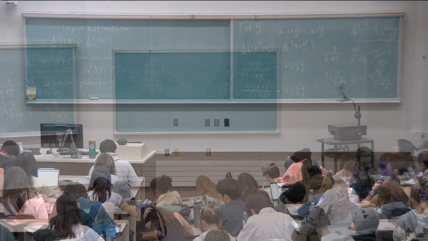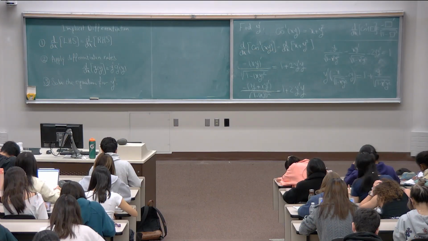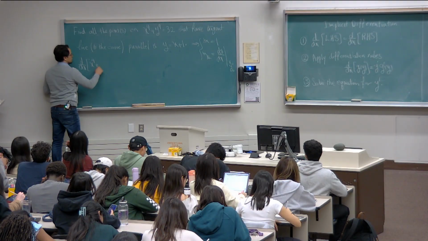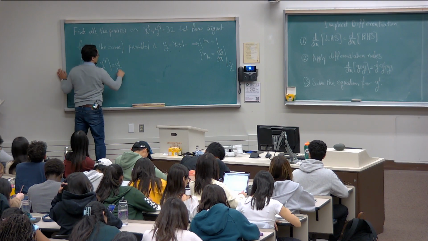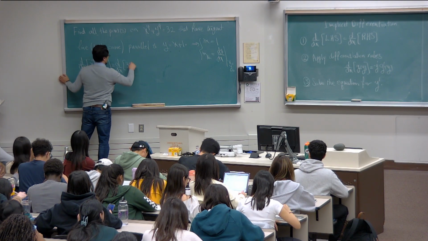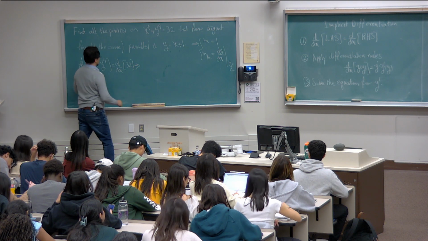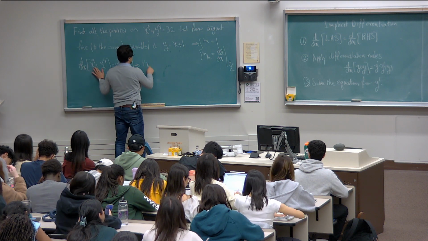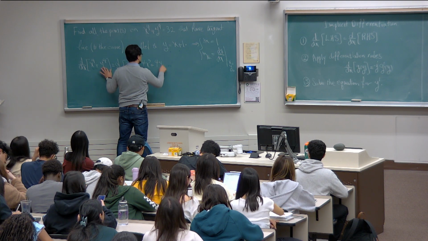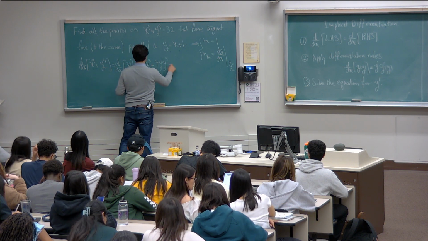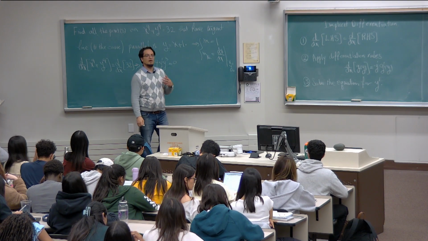So we start with differentiating both sides with respect to x. And that means that I have 4x cubed plus 4y prime y cubed equals 0, because y is a function of x.